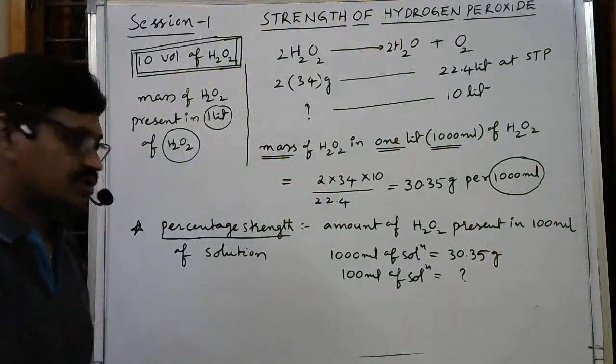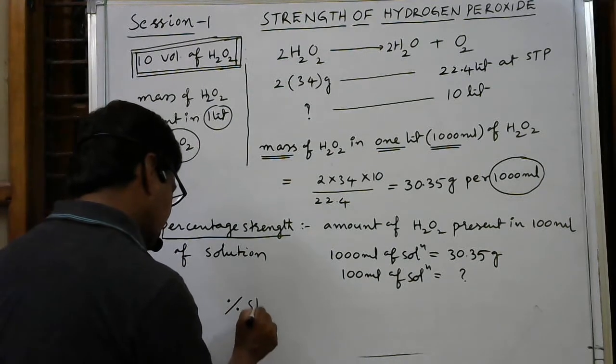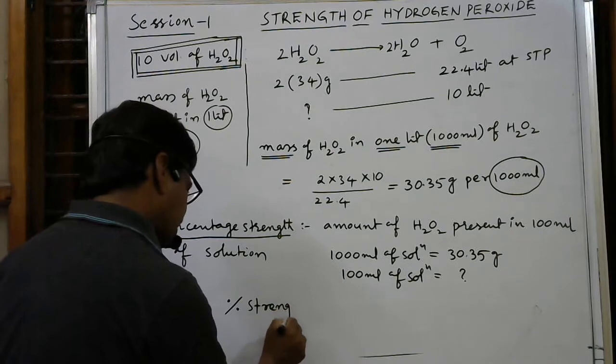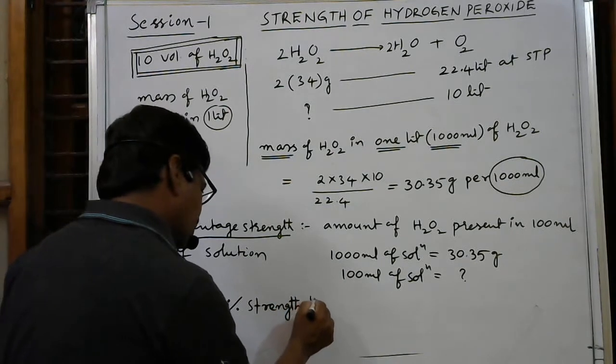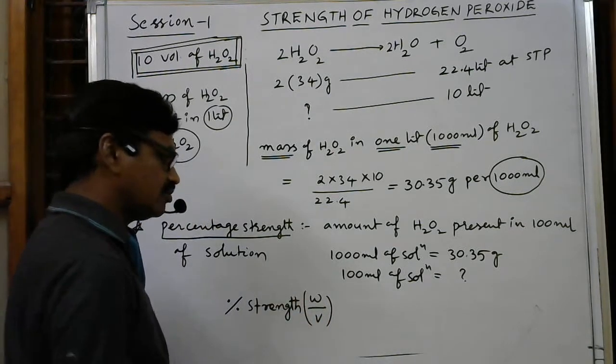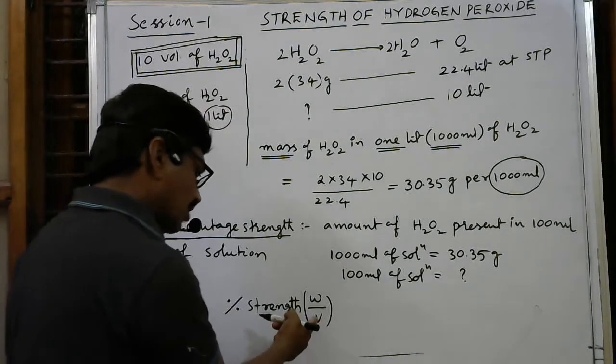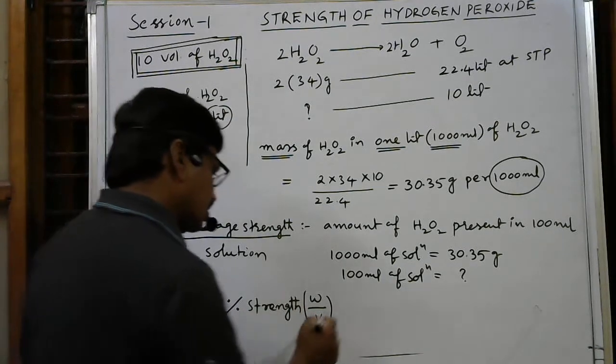Again, we have to do cross multiplication. Percentage strength W by V, W means weight by volume. Volume is 1000. Always volume should be in the denominator and mass in the numerator.